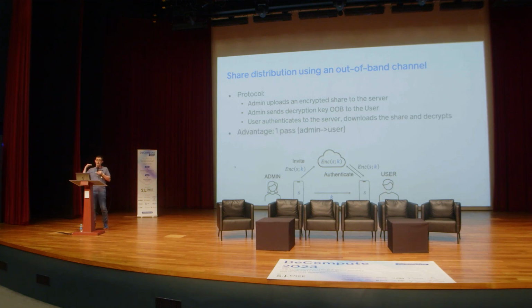The advantage is we recover the one-pass protocol, so it's only in one direction, which is very useful from a user experience perspective. The disadvantage is that this requires sending the decryption key, so it has to be a security parameter long. Sending 128 bits is more messy than you think.